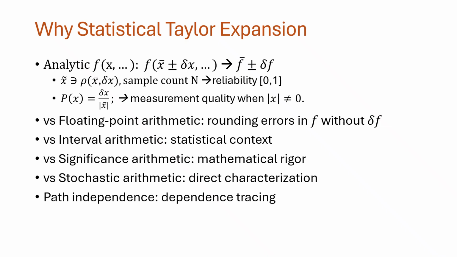The floating point arithmetic and the interval arithmetic have one problem. Actually, all of these arithmetics have one problem: path dependence. The result depends on how you carry out the calculation. For example, in floating point arithmetics, when we try to invert a matrix, we have to use Gaussian elimination to minimize rounding errors rather than use a direct matrix inversion.